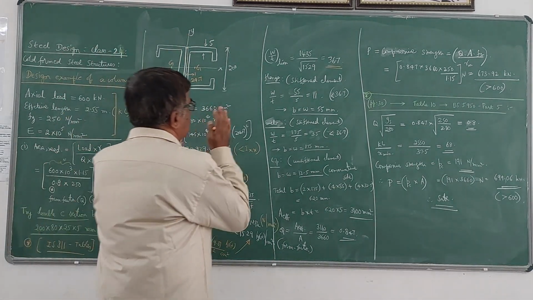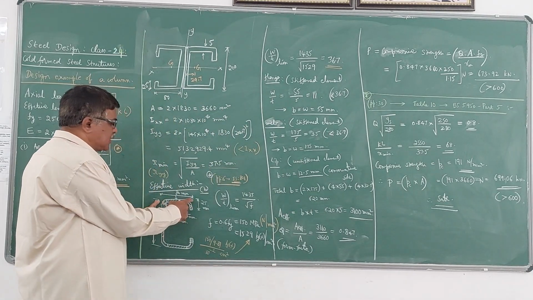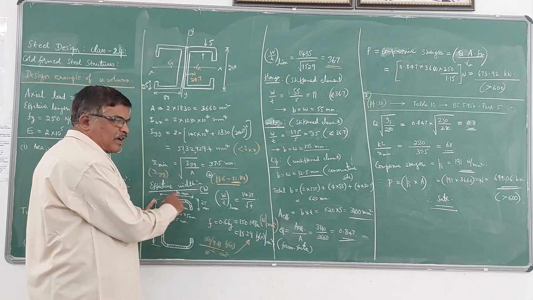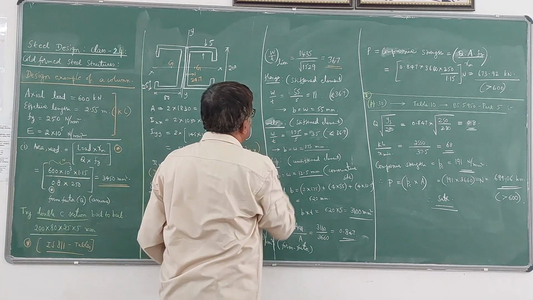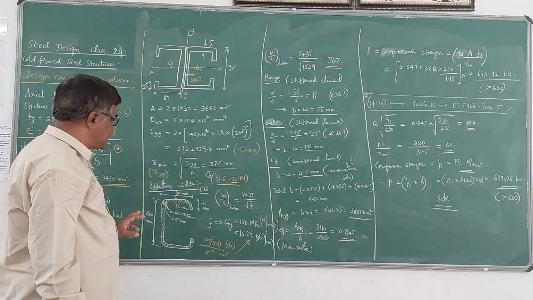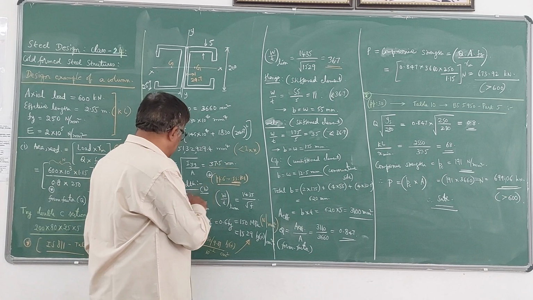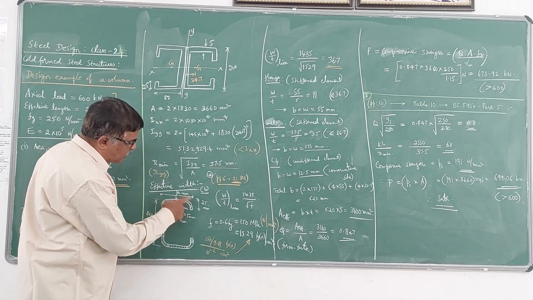Now let us take one by one. I will take the flange element first. You can see that the flange element is a stiffened element, because on either side it has got stiffness. So W for the flange: from this 80 we have to deduct 12.5 this side and 12.5 this side.